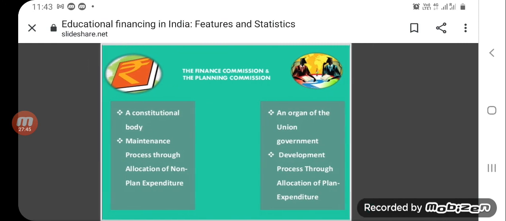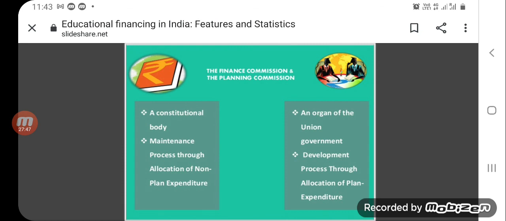So you may ask the difference between the Finance Commission and the Planning Commission. The Finance Commission is a constitutional body. The Planning Commission is an organ of the Union government.